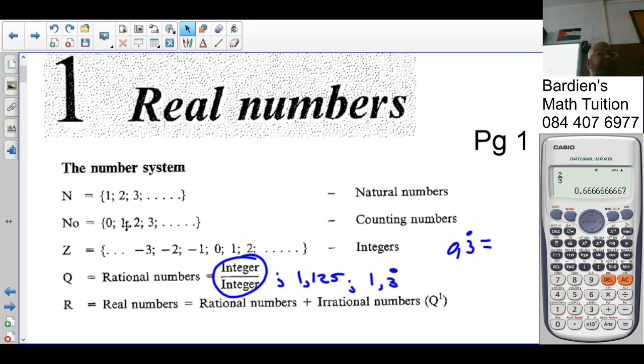But every counting number is not a natural number. Why? Because of the 0 thing. But at this point you should all agree that all natural numbers are integers. Not so? But are all integers natural numbers? No. Are all integers counting numbers? No. Are all counting numbers integers? Yes. You make sense, people? So the whole set of natural numbers belongs to counting numbers, but not the whole set of counting numbers belongs to natural numbers. Okay.